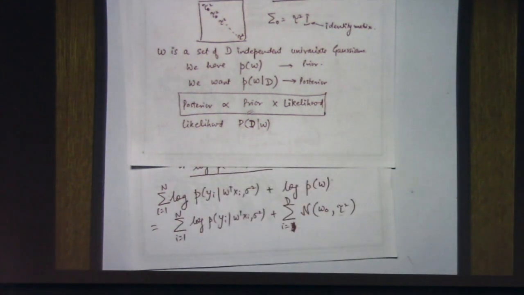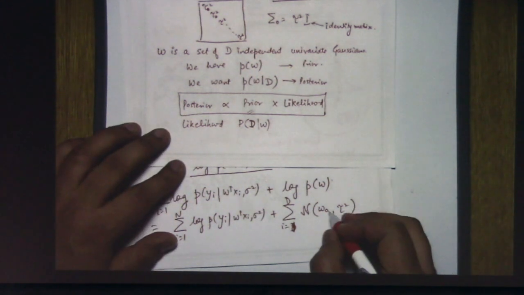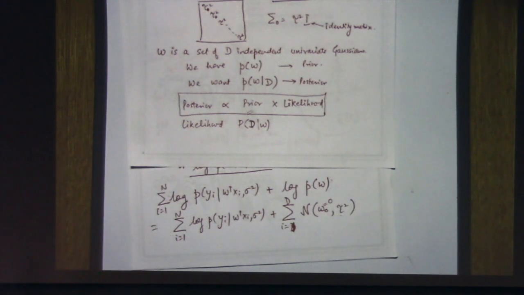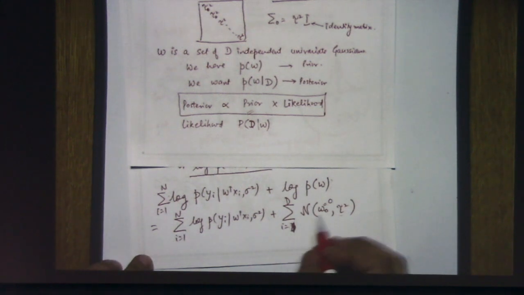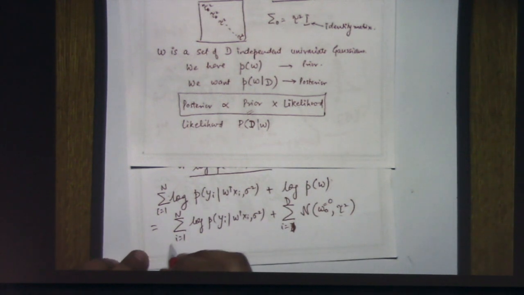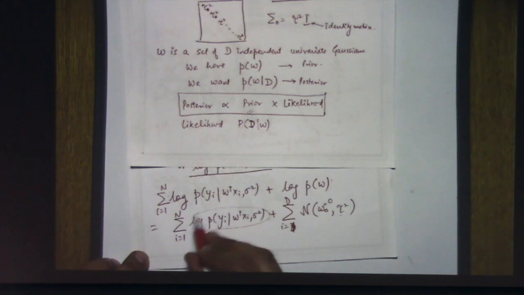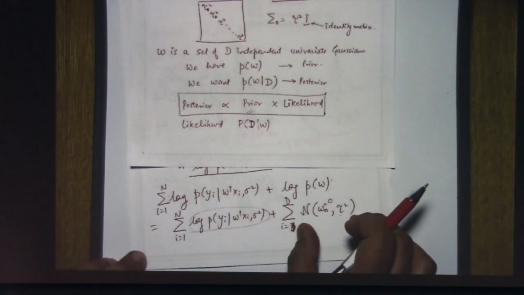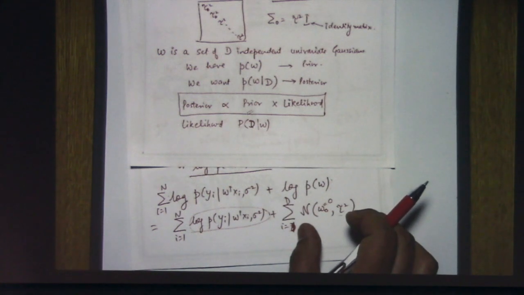That's the assumption that we are making. In fact, sometimes we make it even simpler by saying W0 is equal to 0. So we say that it is centered at 0 with tau square as the variance. This is what happens. And of course, this part is also a normal distribution, so you can write that as well. Any question? Yeah.